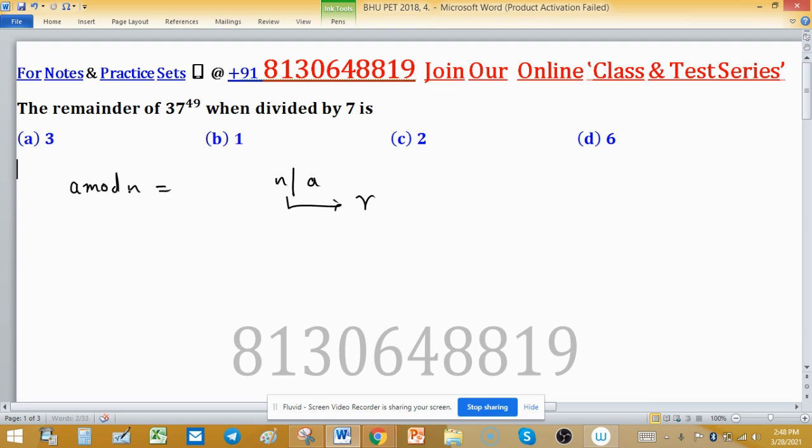So you can write a mod n is r, or sometimes b. It means that if this value is subtracted from a, then a minus r is evenly divisible by n. Here the remainder may be 0 or less than n, but in this case the remainder is always 0.